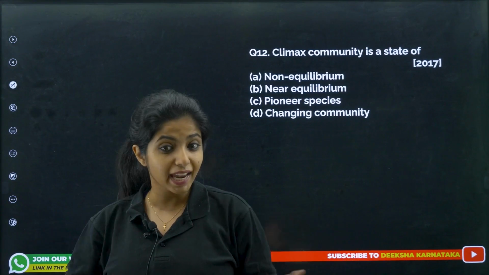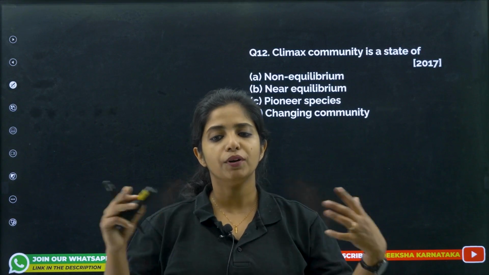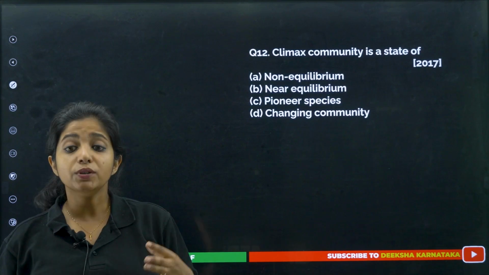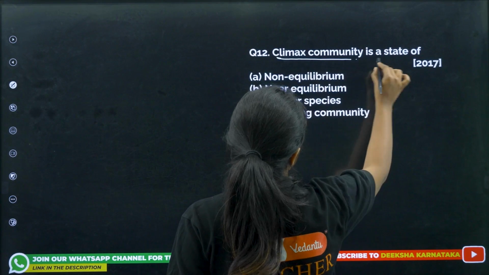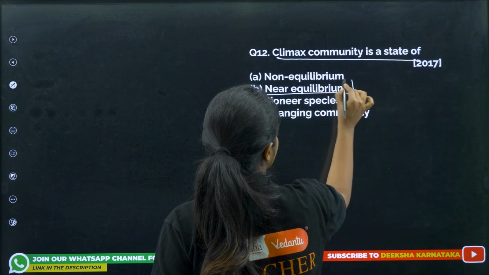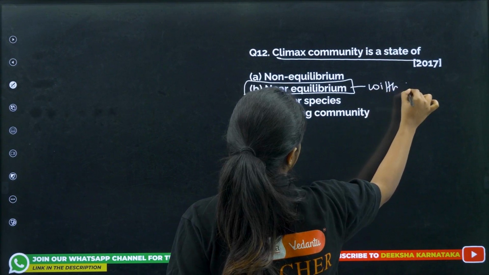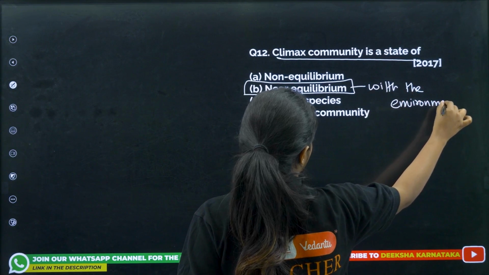Climax of the movie, you see, is the end of everything. So now organisms which are there, they will be reproducing and things like that. Not many changes would be seen. This is known as climax community, which is in near equilibrium with the environment. So the answer for this becomes what? Climax community is a state of near equilibrium with what? With the environment.